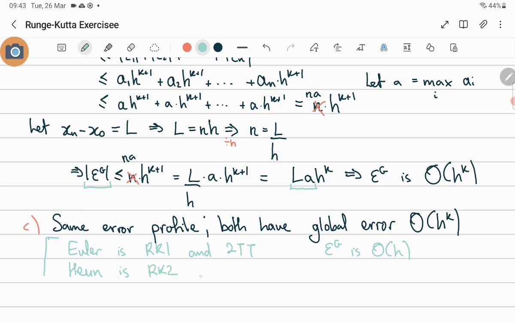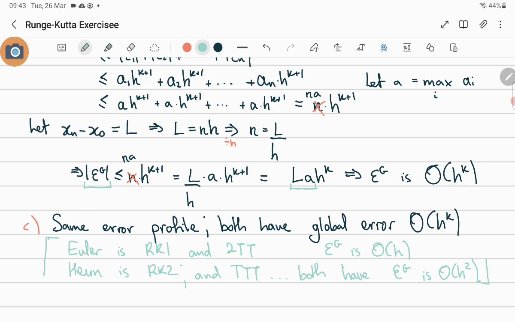It uses 2 slopes, and it's also a 3-term Taylor method. Euler is Runge-Kutta 1 and 2-term Taylor, the same thing, but Runge-Kutta 2 and 3-term Taylor are not the same thing, though they both have global error order h squared.